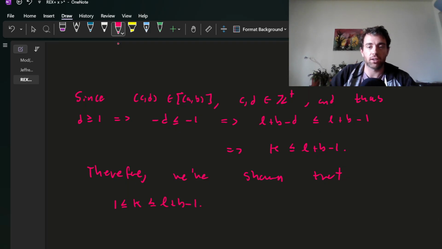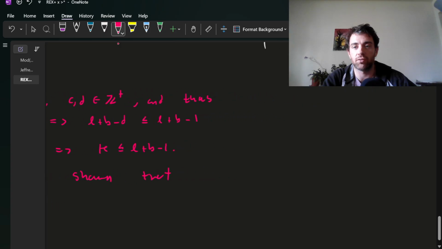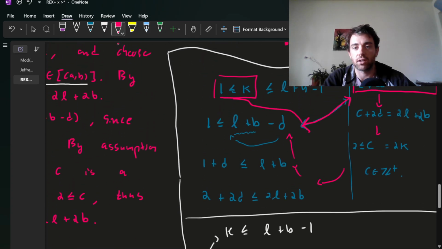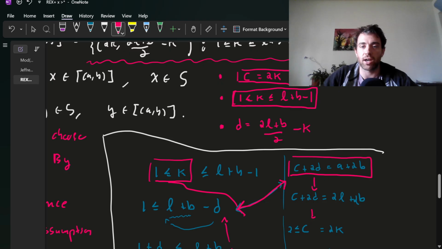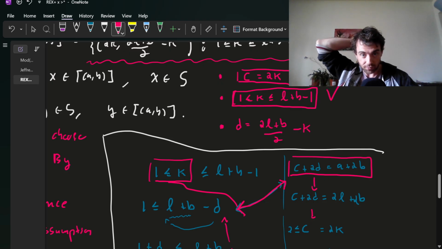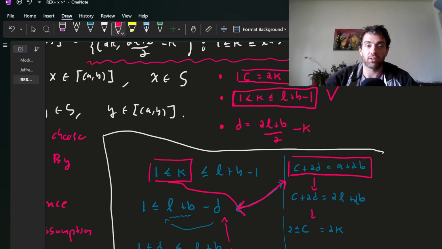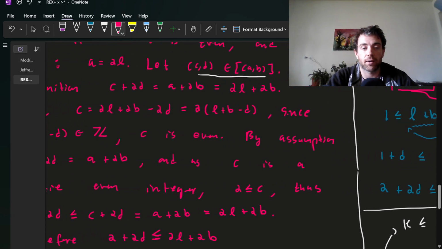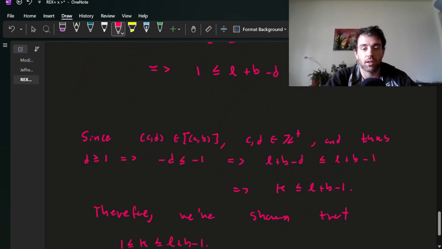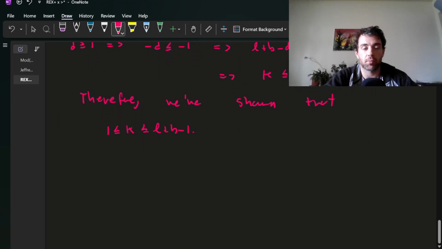Okay, so finally we have concluded goal number 2 on our list was to show that K satisfied these two bounds. And the final thing that we need to conclude is that D is equal to this. So let's just show it. And that follows directly from our construction.